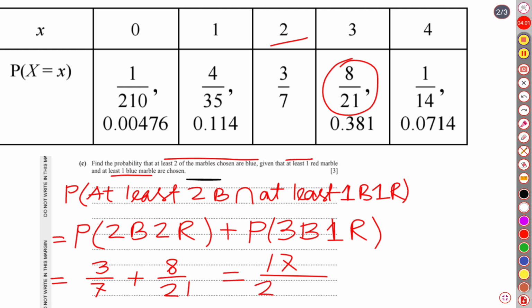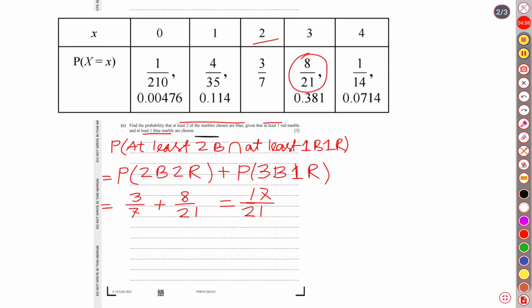17 over 21. Well, then the next part of this solution, we find the probability of picking at least one blue and one red. So let us write probability of at least one blue and one red. What are the possible cases?